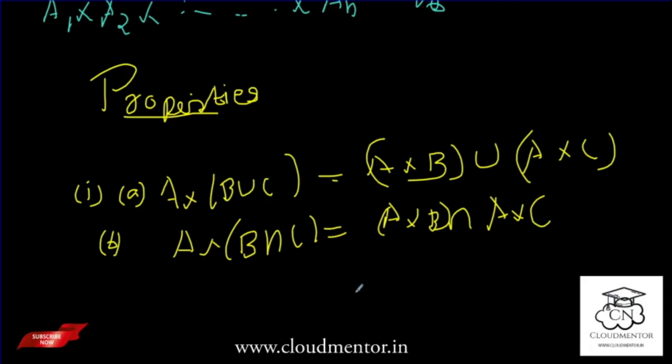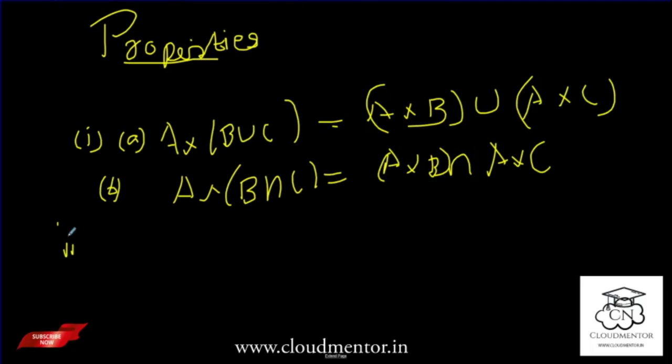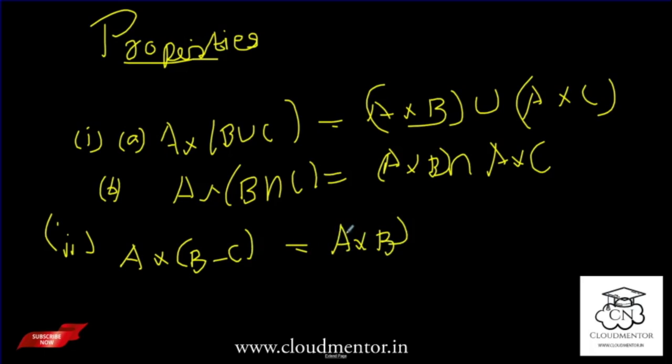And the second property is that A cross (B minus C) will be equal to (A cross B) minus (A cross C).